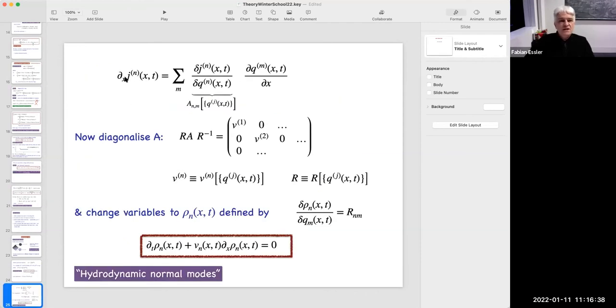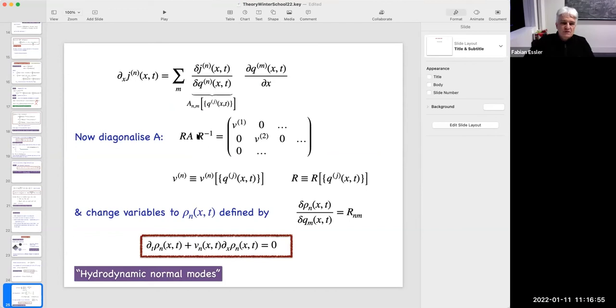So the time derivative of the expectation value of the density of the current can be expressed in this way. Here you get some matrix of derivatives, and what you then do is you diagonalize this matrix.